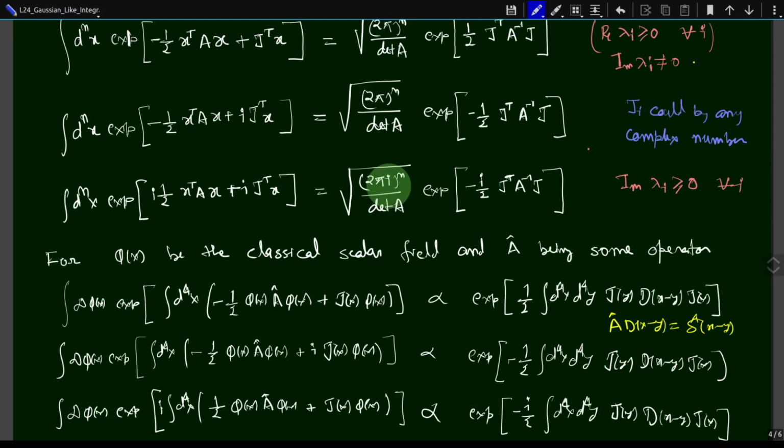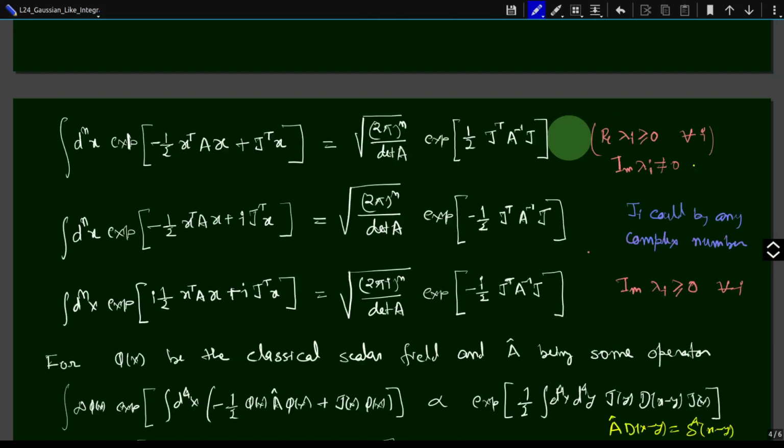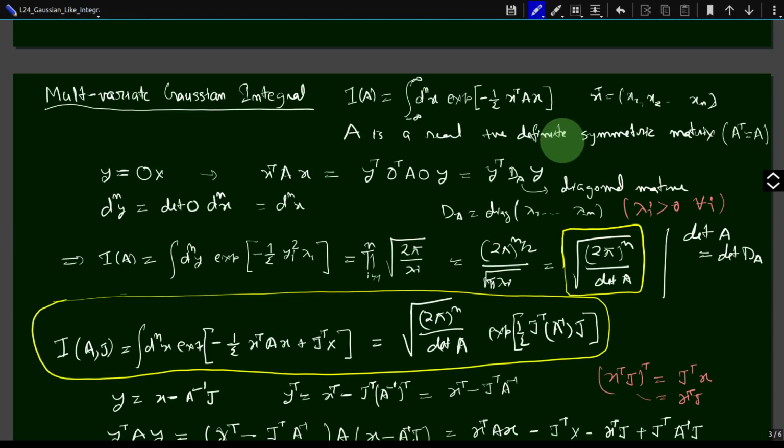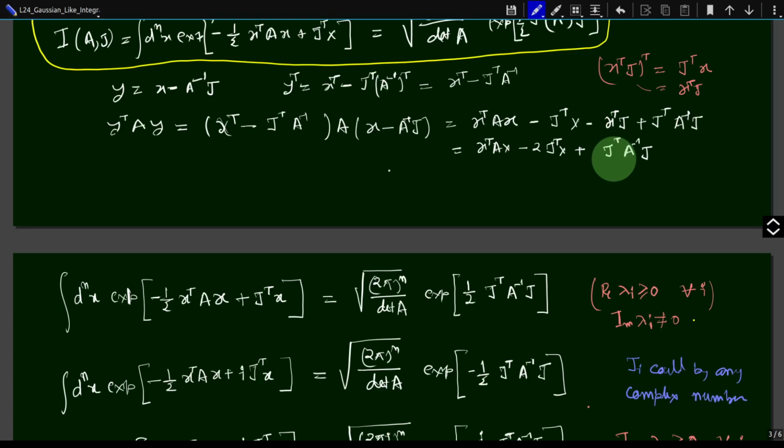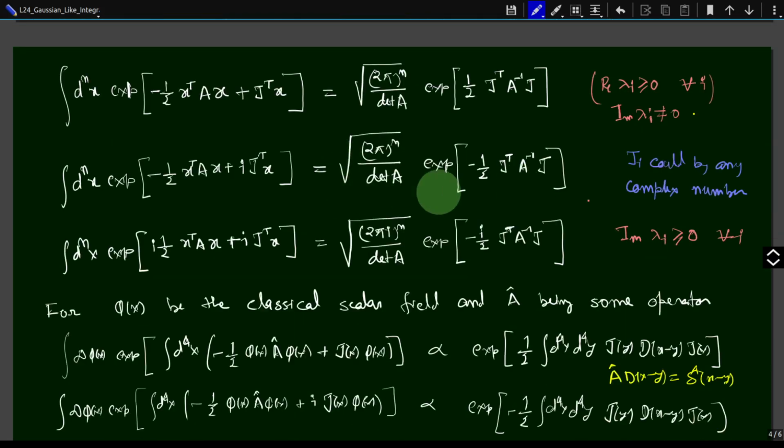Now here I was talking about j and x to be multi-component vectors. We started with a single variable, that's like a single coordinate, and when I went to multiple variables, it's like multiple particles in the same coordinate or one particle in multiple dimensions, whichever way you want to interpret it.